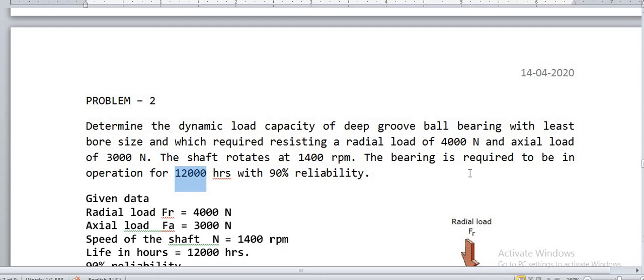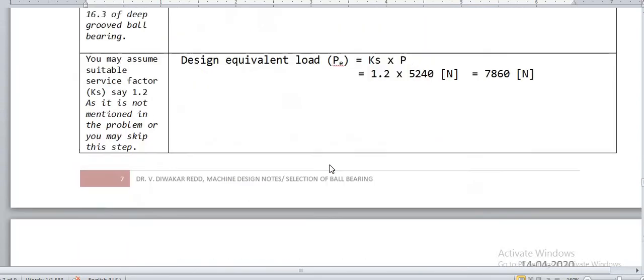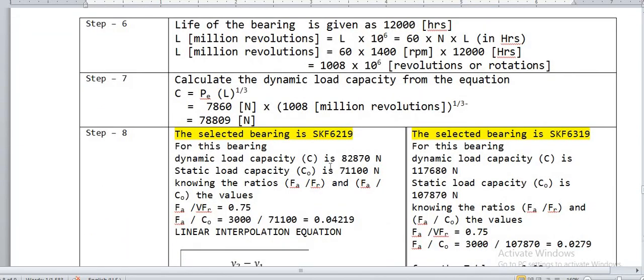But here in this particular case, the diameter of the shaft is not given. Therefore, you are free to select the type of bearing. But when you are considering, you can take two close values of the 62 series, or you can select SKF 6219 series and 6319 series. So two different series I have considered for explanation purposes.